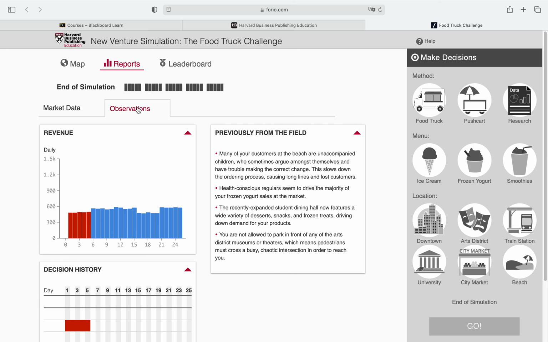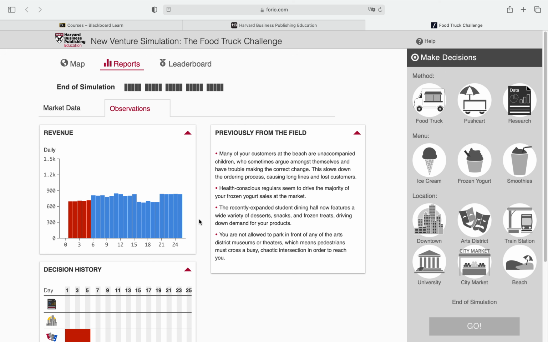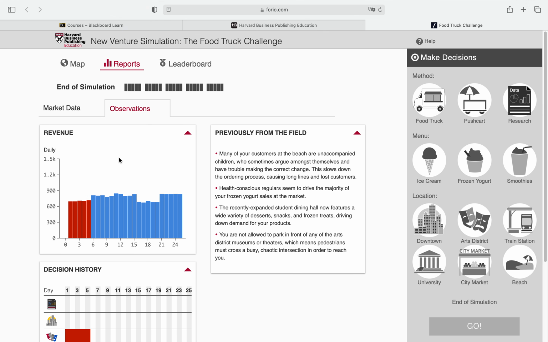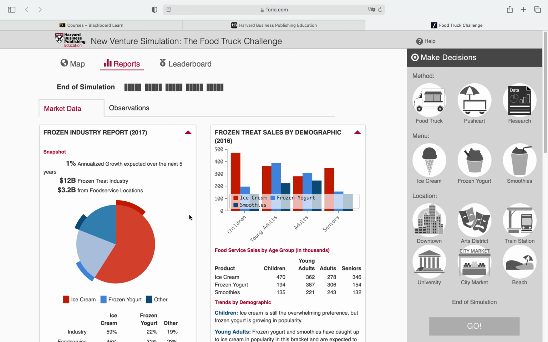So I think that will be okay for this specific week. Moving on to the third week, we did frozen yogurt, as previously mentioned, for the rest of the week, and this is at the city market. So let's go back to the market data.